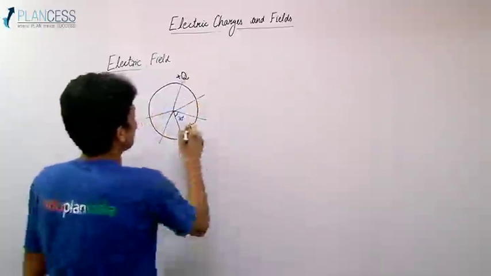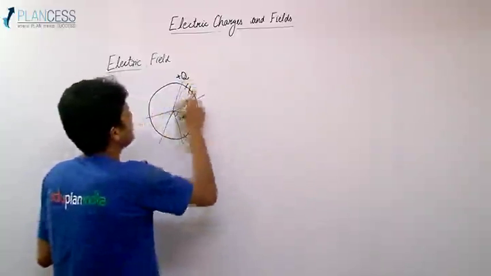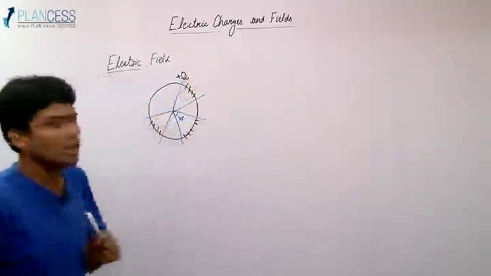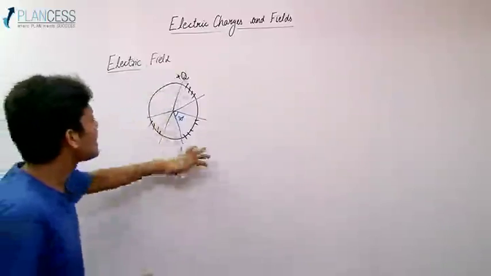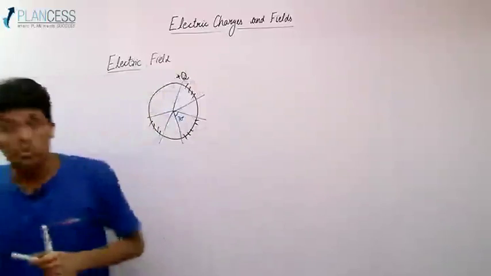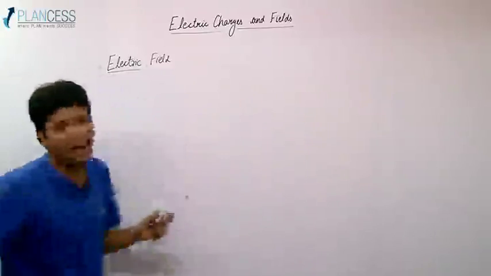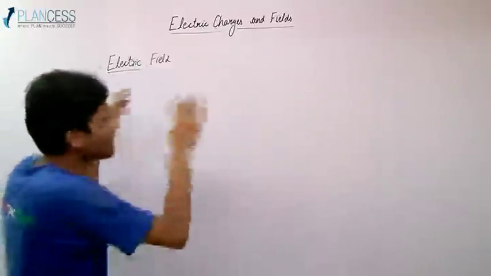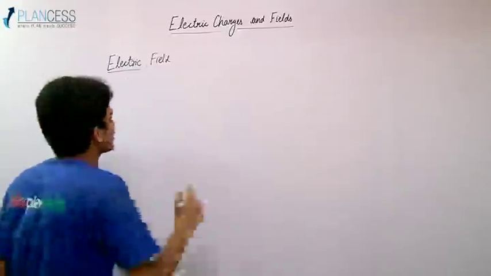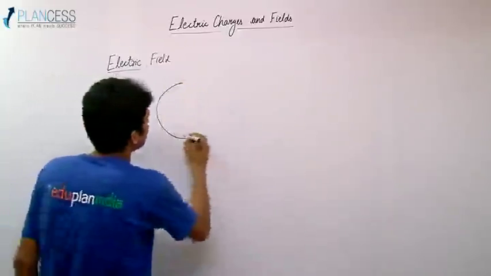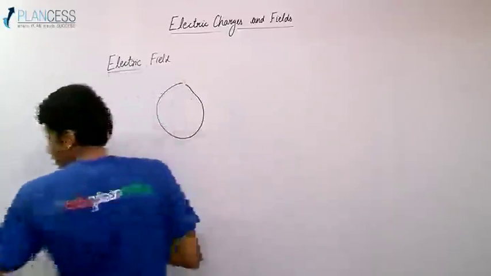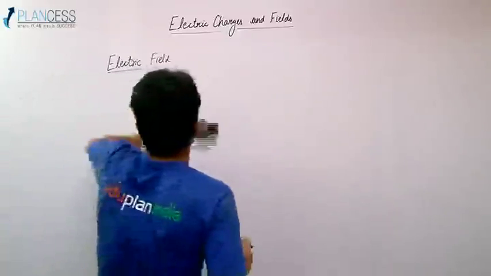All these three parts will have equal amount of charge. That is the meaning of uniform distribution of a charge plus q on this ring. If I take any arc of any angle, wherever I take that arc, the amount of charge in that arc would be equal. So now let's calculate the electric field exerted by a ring.